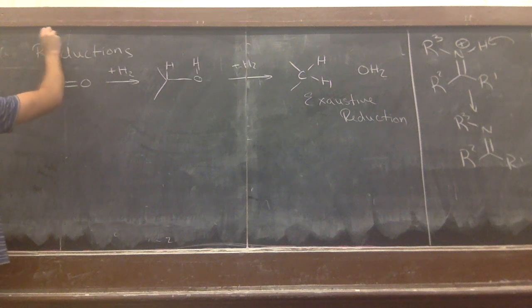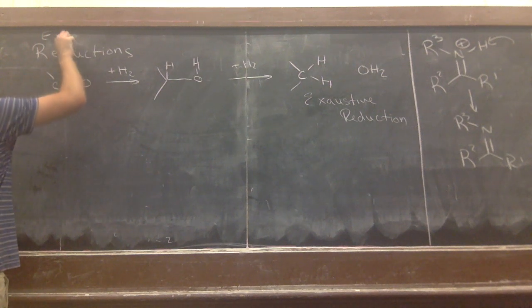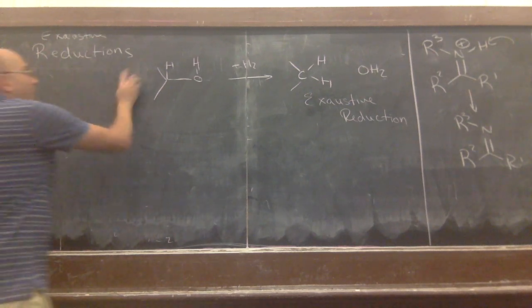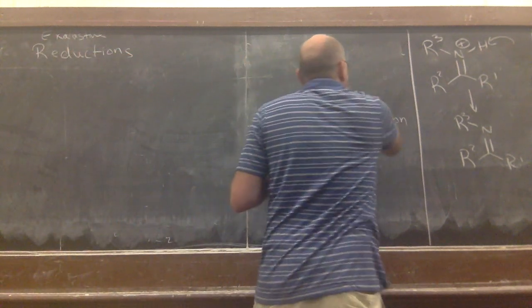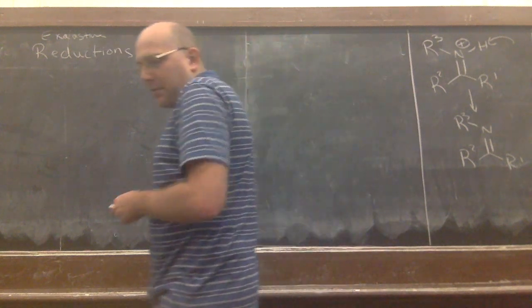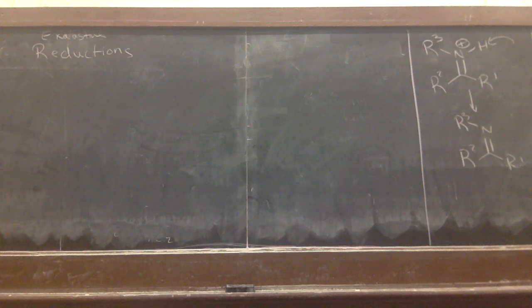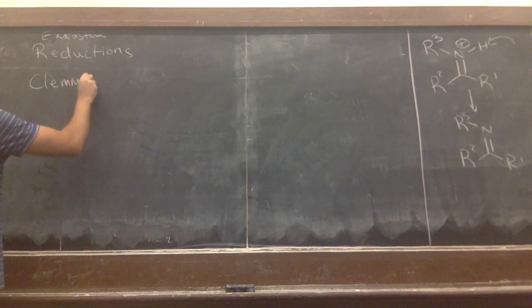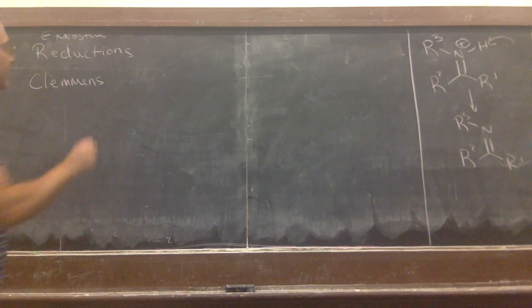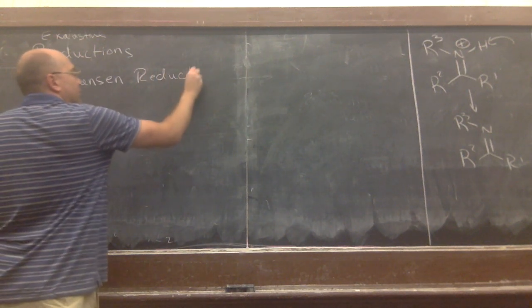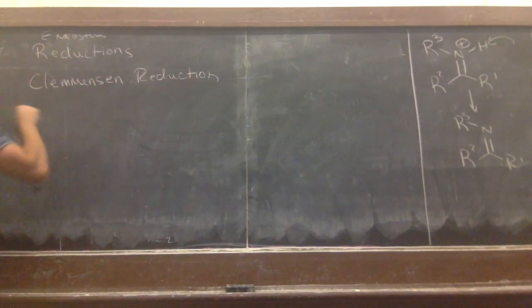So, exhaustive reductions. The first one, which again I'm not going to go through the mechanism for, and I'm not going to hold you responsible for this mechanism, is called the Clemmensen reduction.